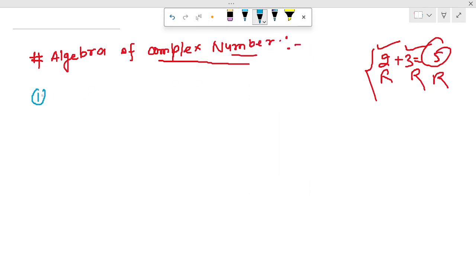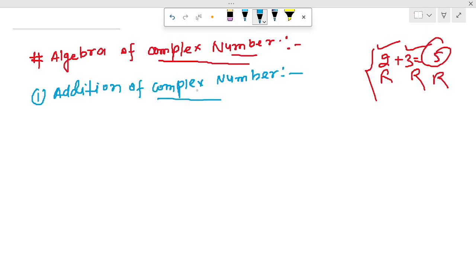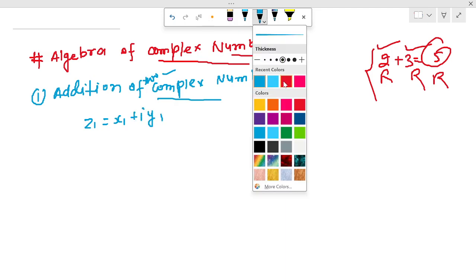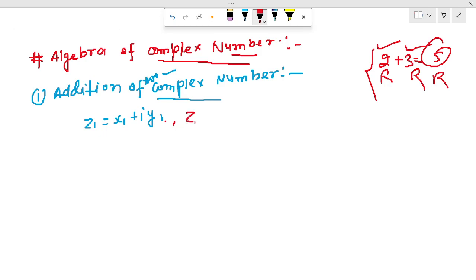First of all, addition of complex numbers, or you can also say addition of two complex numbers. Both are the same thing. Let us take z1 equal to x1 plus iota y1, a complex number, and z2 equal to x2 plus iota y2, also a complex number.